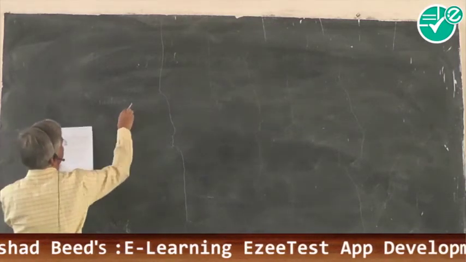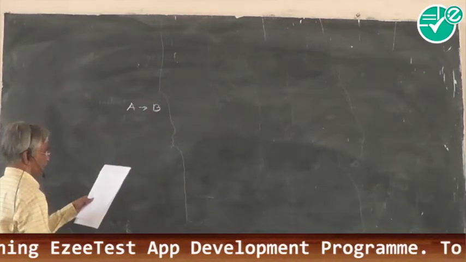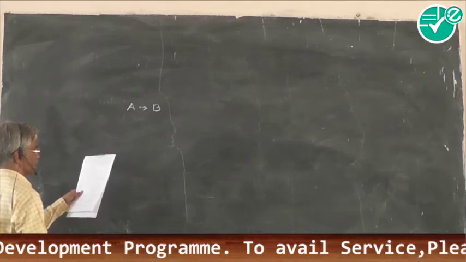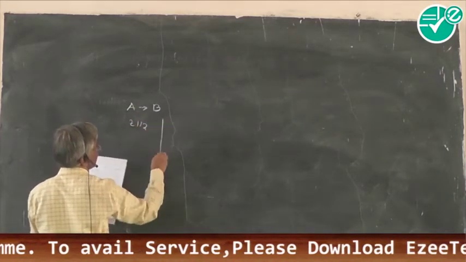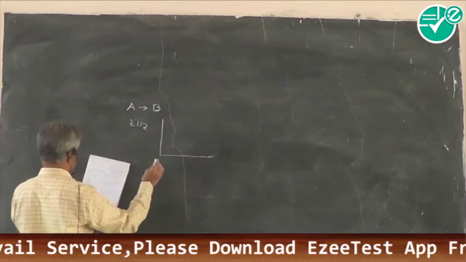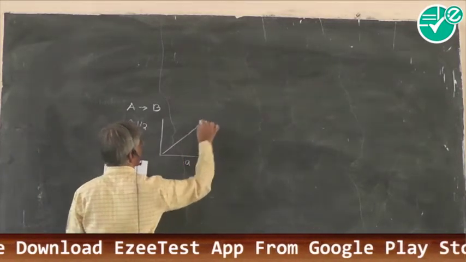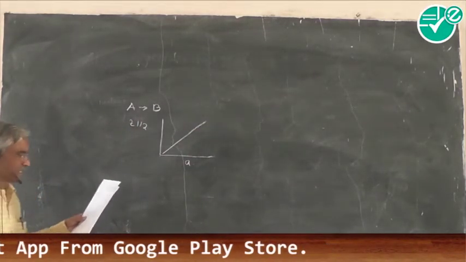A changed to B. The graph between half-life and initial concentration of A is given like this.